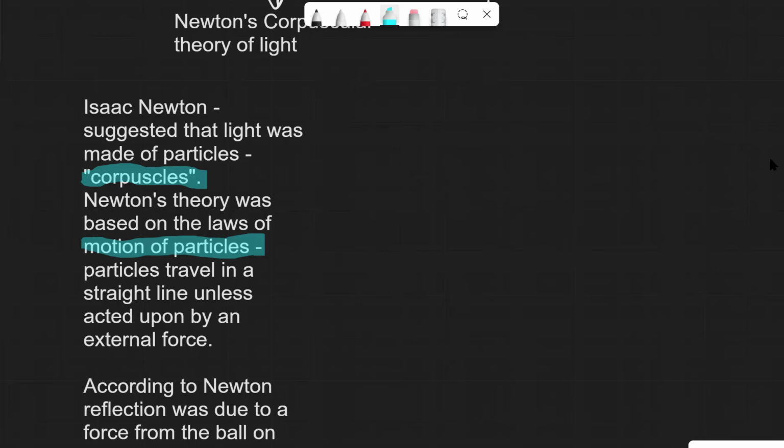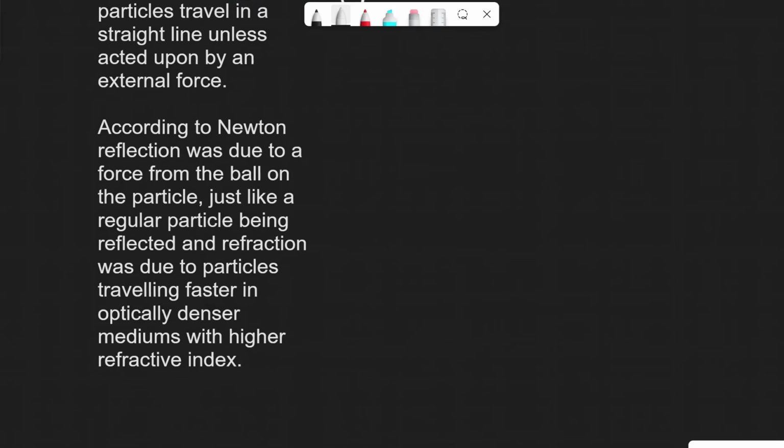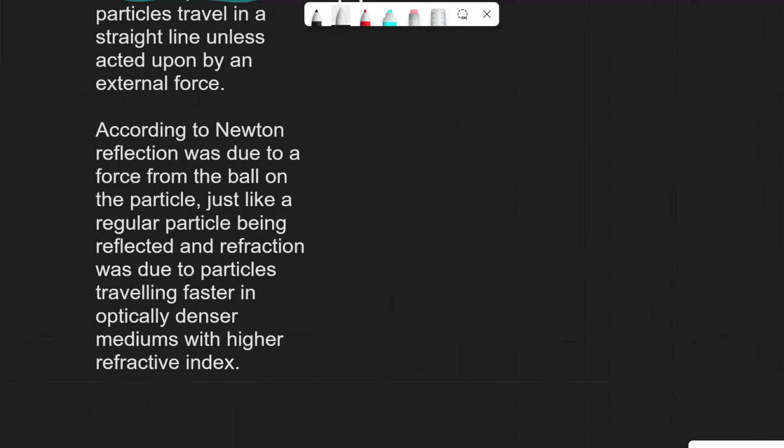For instance, a particle will keep on traveling in a straight line unless you act upon it with an external force. Now, diffraction wasn't really observed around that time. However, reflection and refraction were observed.